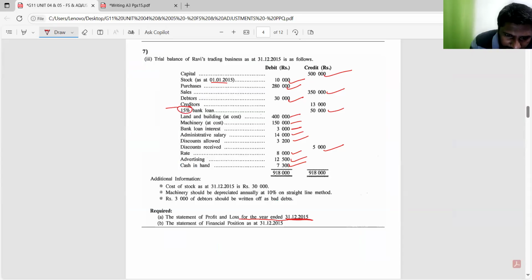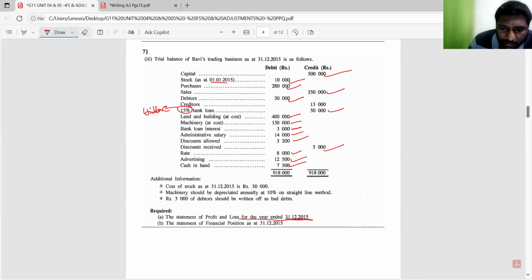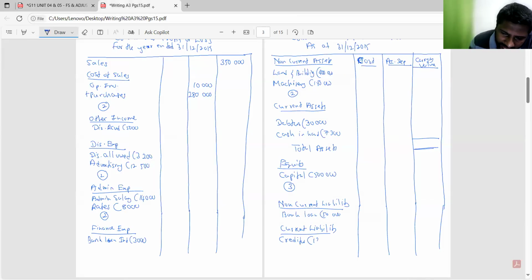This is a hidden adjustment. Then finally we have the current liabilities. Current liability, creditor. How much is the creditor? 13,000. So we recorded all the values which are there in the trial balance.